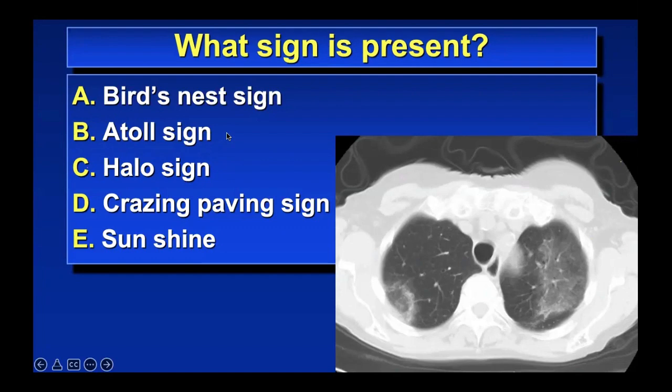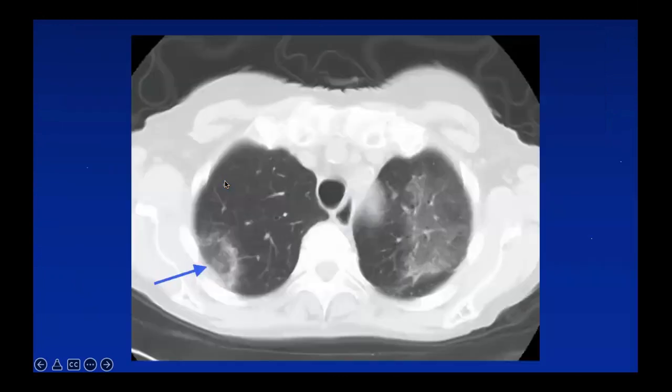Atoll sign is associated with cryptogenic organizing pneumonia. The halo sign is associated with a fungal infection like angioinvasive aspergillosis. Crazy paving is associated with alveolar proteinosis, but much more commonly with other things, but classically alveolar proteinosis, which is extremely rare. And E, I just made up, that's not a sign, obviously.